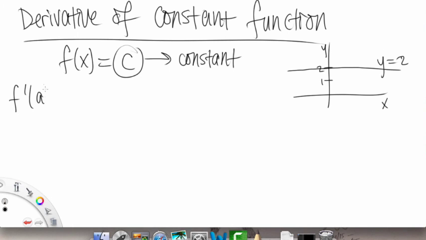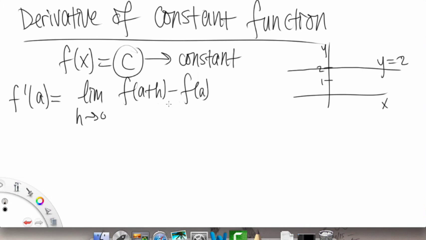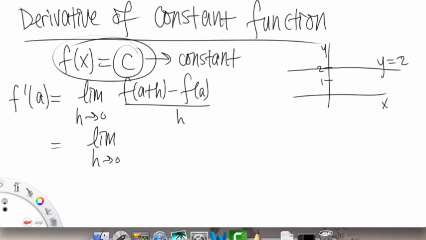All right, so let's see what happens here. We're going to use our definition of the derivative. So I'll rewrite that here. Okay, limit as h goes to 0 of f of a plus h minus f of a over h. Okay, so if we were to plug in a plus h into our constant function, this is what we would get. Limit as h goes to 0 of f of a plus h.